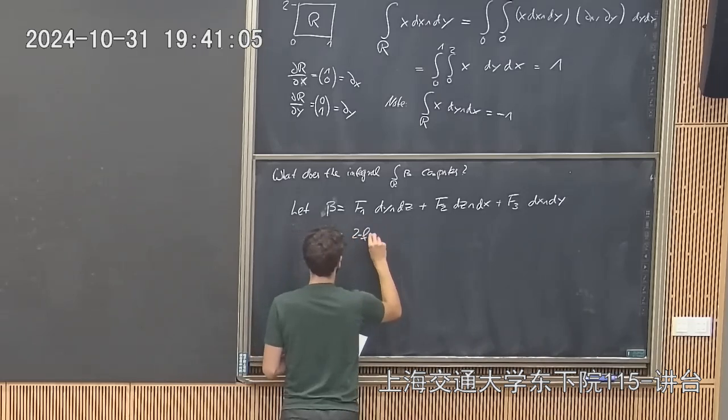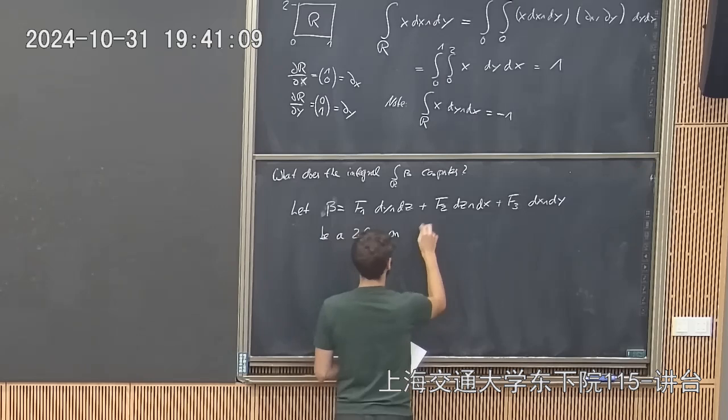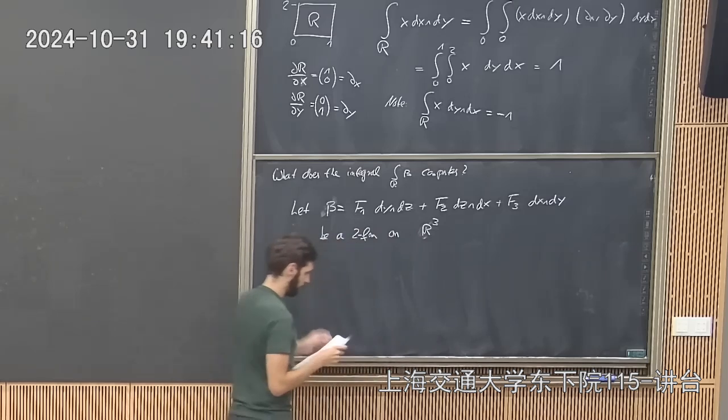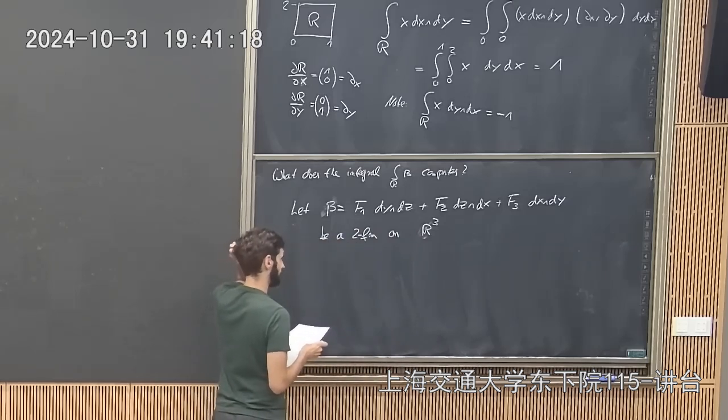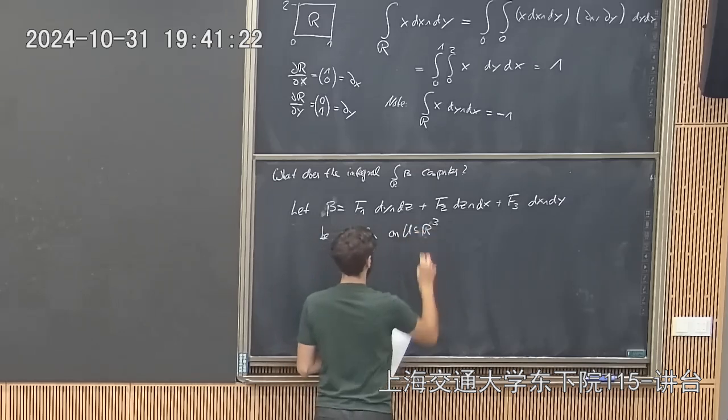the two-form on, let's say, maybe some open subset, but let's say that it's defined on the whole of R3 or some open subset of it.